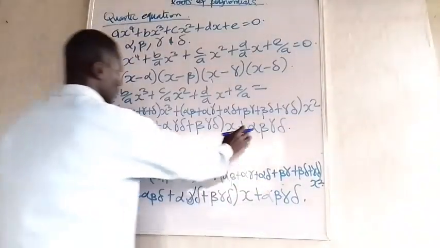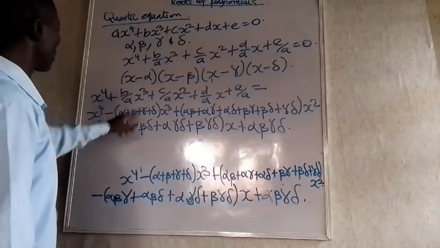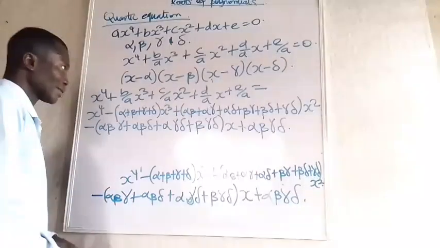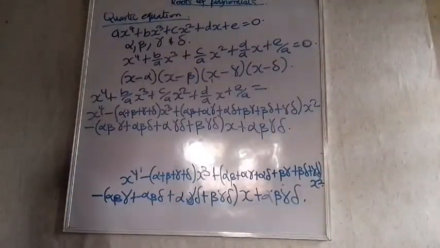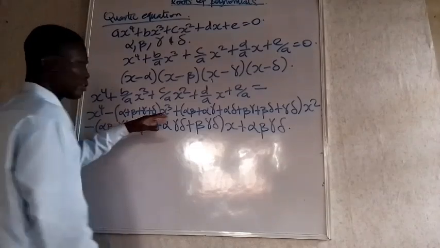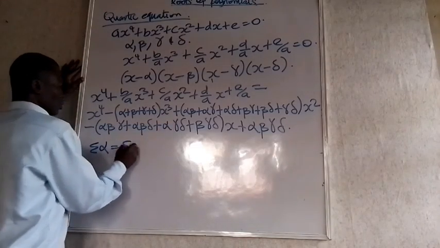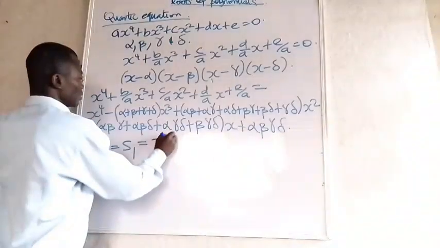So with this, we will now compare the coefficients of the powers of x to get the answers we are looking for. Just like in quadratic, summation alpha, which is equal to S1, is equal to minus b over a.